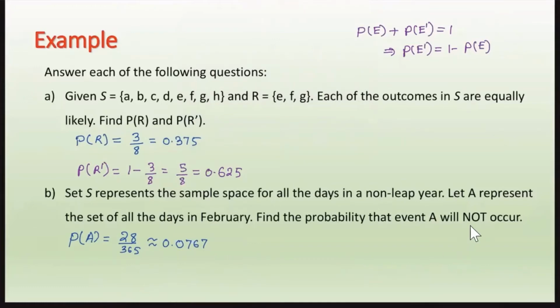Also, we are asked to find that the randomly selected day is not in the month of February. That is, A will not occur. So the probability that it's not A is equal to 1 minus the probability of A. Probability of A is 28 over 365. And if you subtract that, 365 minus 28 days will be 337 days out of 365.